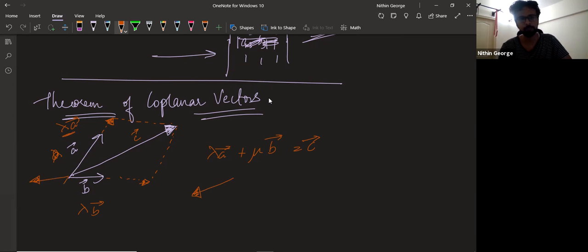Lambda into A becomes negative of some quantity into A, and B will be in the opposite direction. Together, you form a parallelogram. So the lambda value becomes negative, and the mu value along with B becomes negative as well. Then you see that lambda A plus mu B equals this C. So you can take any vector on the plane and represent it using these two values. Are you getting this much?